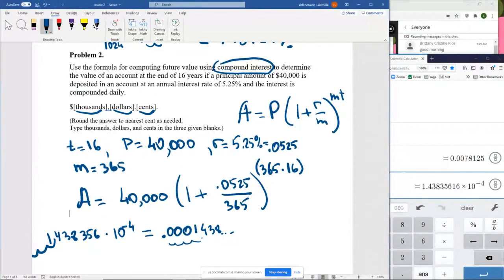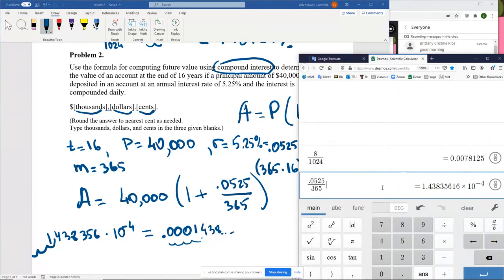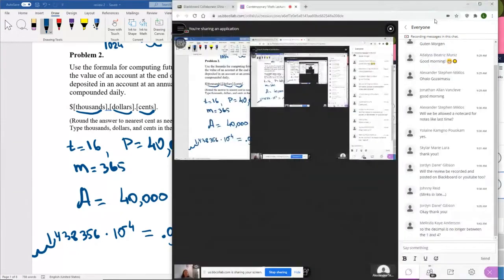This is the situation that happens when the number is very, very small or very, very big. Then your calculator gives the answer in this form. But I actually need to add this to 1.